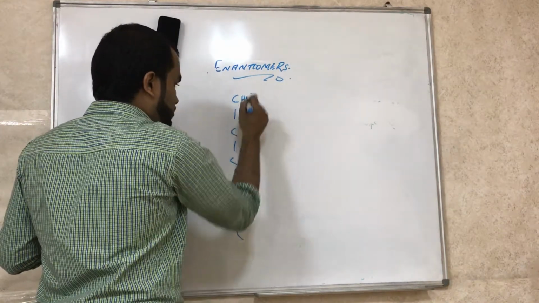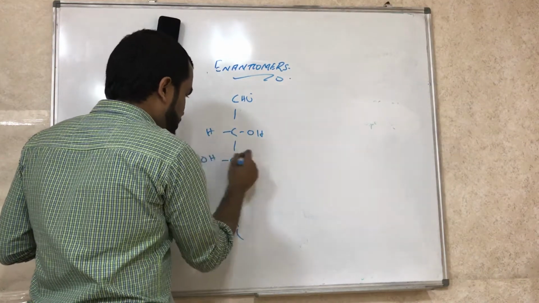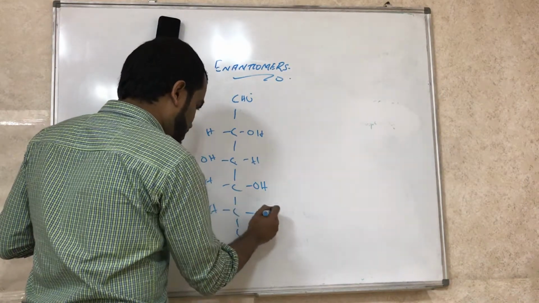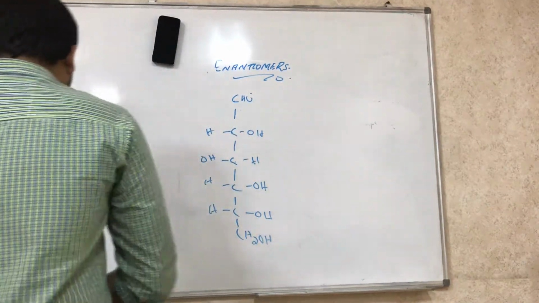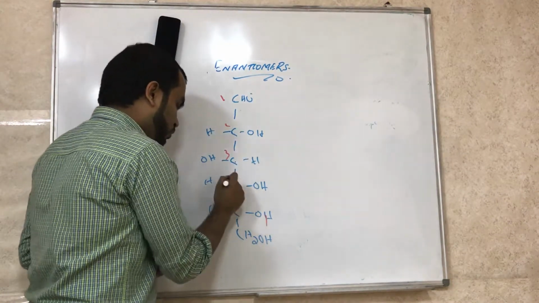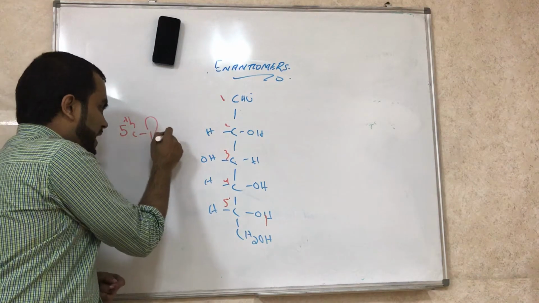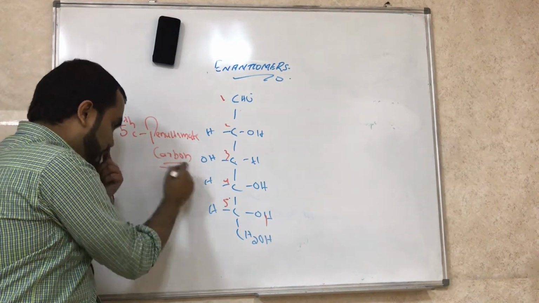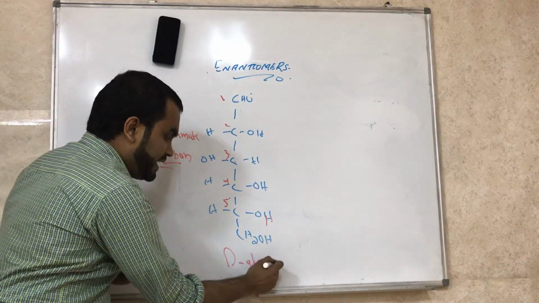We have the aldehyde group, then H, OH here, OH, H here, H, OH, H, OH, then the CH2OH group. This is the simple structure of glucose. The fifth carbon we can also call the penultimate carbon, before the last. In the penultimate carbon, if OH is on the right side, we call it D-glucose.